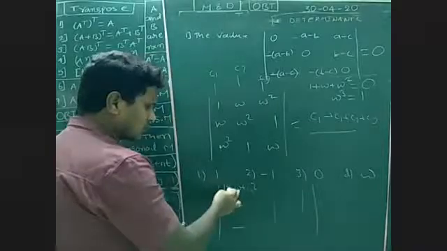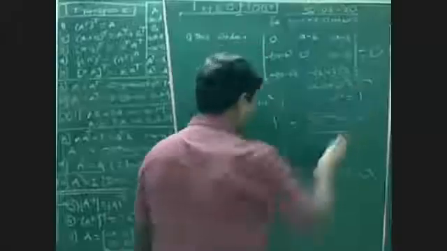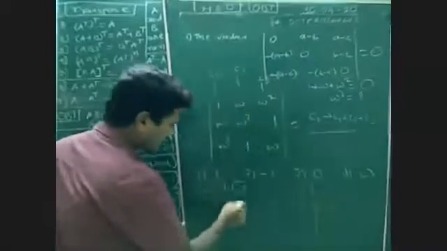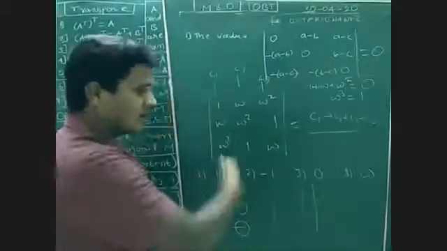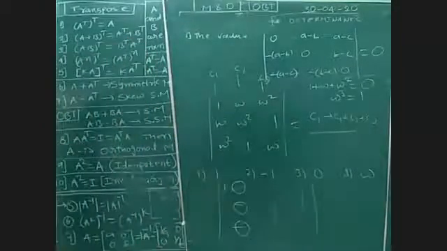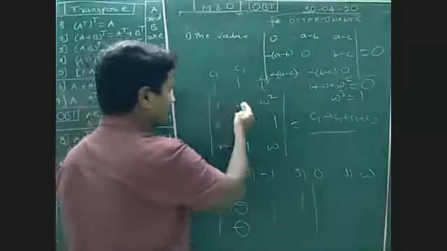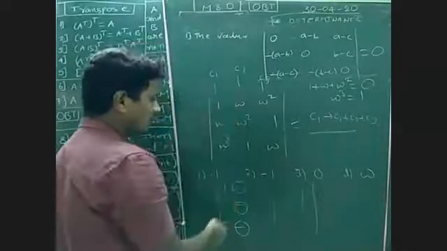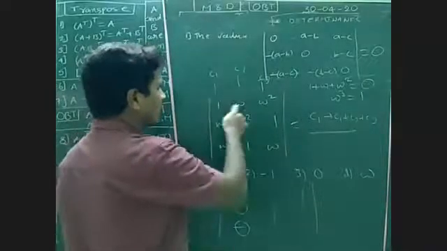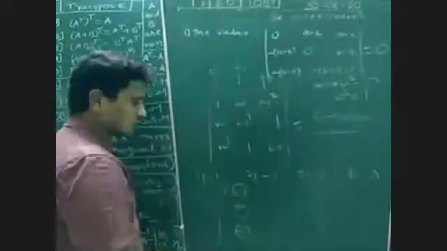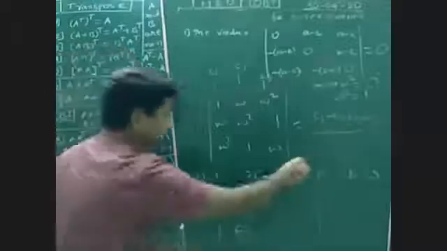What is 1 plus omega plus omega square? 0. So the first column becomes 0. One entire column is 0, so the answer becomes 0. This is one of the NCERT questions, right? Next.